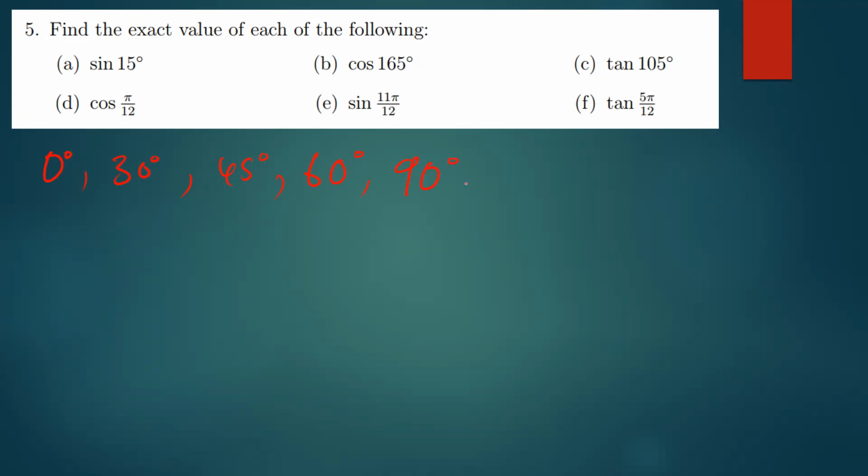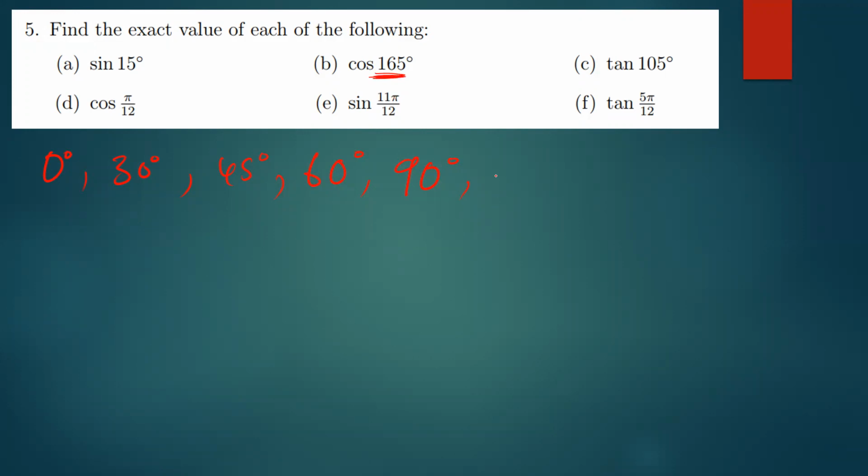Apart from that, we also have bigger special angles, like 120. Yeah, even that can work. But when you use 120, it's going to be a bit tricky because you need to consider the quadrant of this angle.